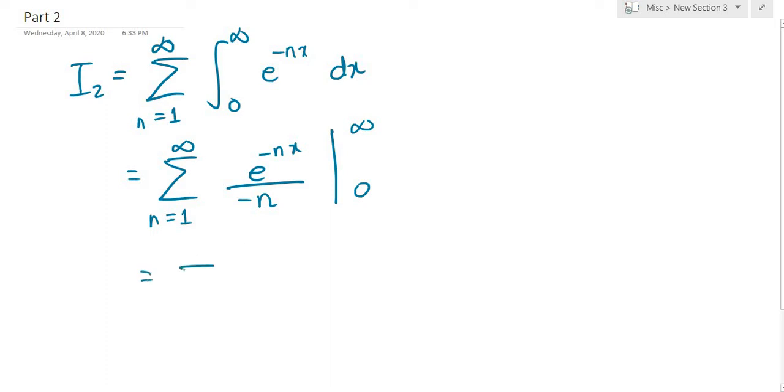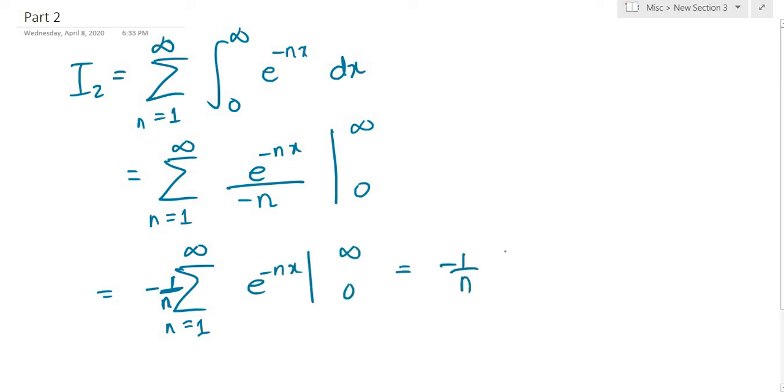So now when you plug in infinity, the sum from n equals 1 to infinity, I can take the negative outside. Actually, I'll take negative 1 over n outside, it'll be much more convenient to see what's going on. So taking the negative 1 over n outside, I have e raised to negative x evaluated from infinity to 0.